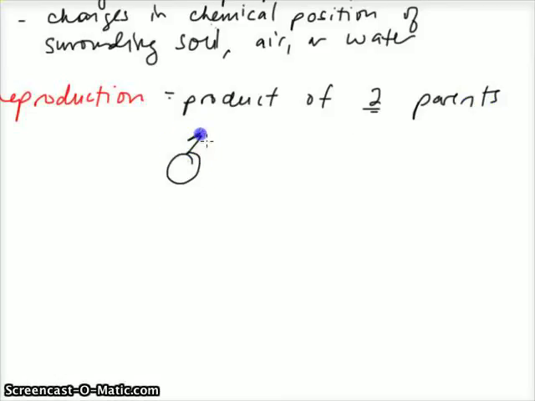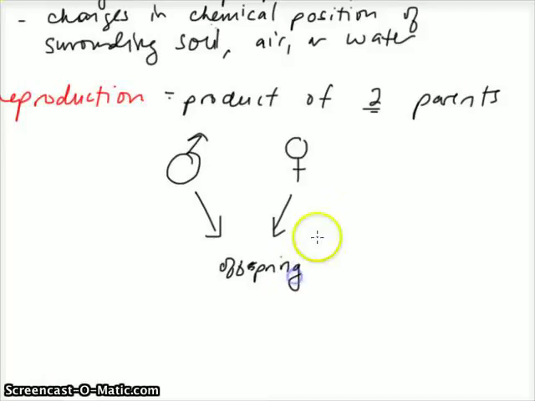So we have the father and the mother. Their gametes fuse to produce the offspring. Because the gametes from both parents fuse together, there is genetic variation, and that contributes to the gene pool. So you'll see more genetic variation in sexual reproduction.